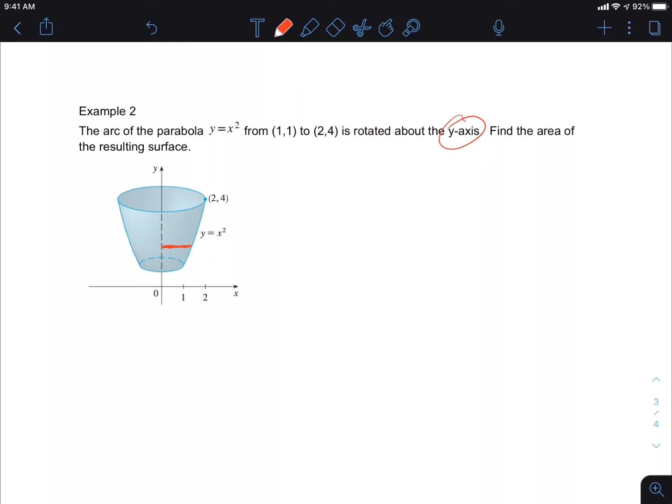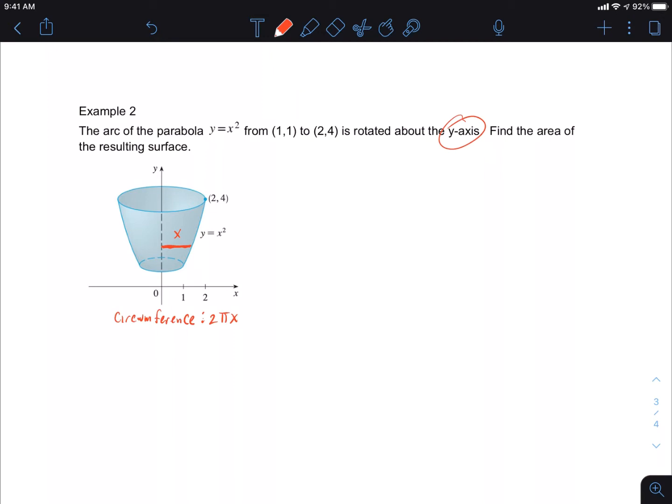Yes. That's some x distance. And so what's going to happen here is my circumference, trying to take you guys through the reasoning that I'm doing, is going to be 2 pi x. Yes? Okay.